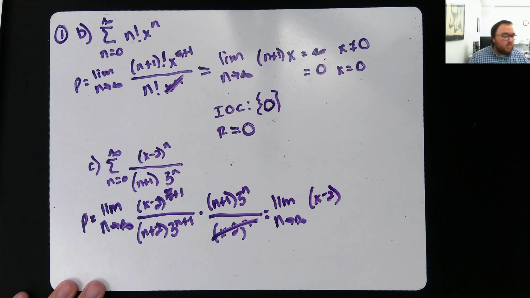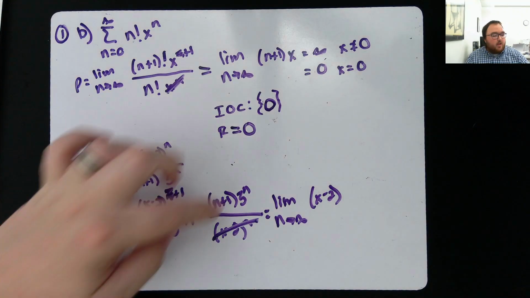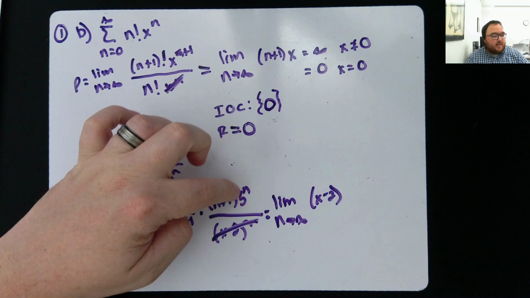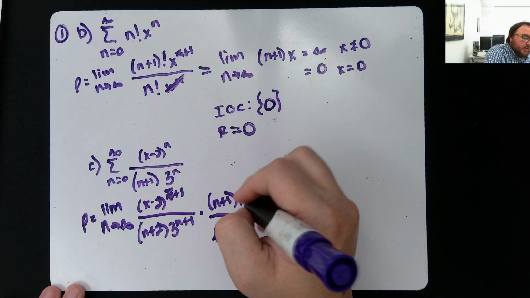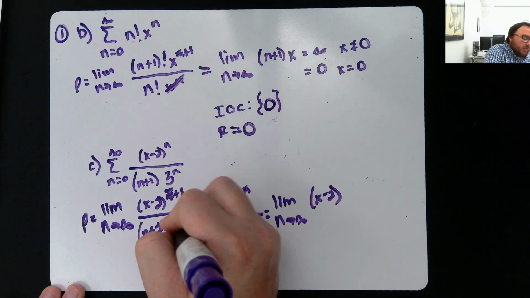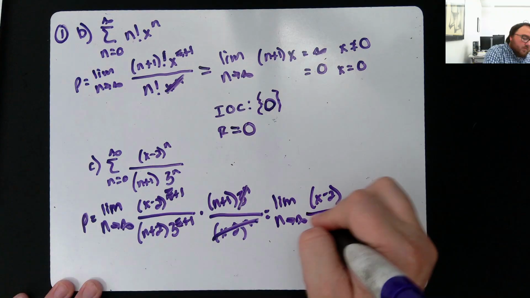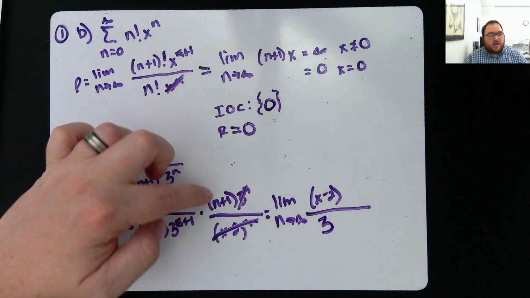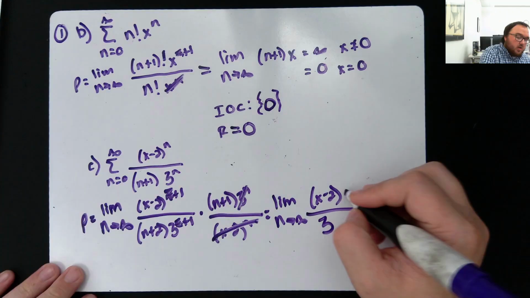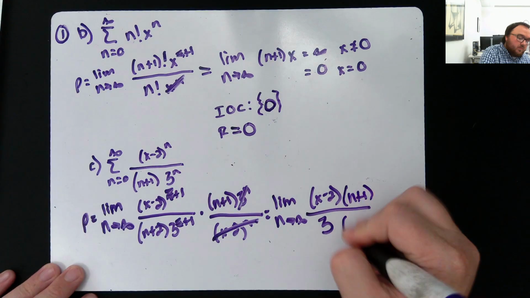Then n plus 1 over n plus 2, not really anything I can do there, so let's hold off on that. 3 to the n over 3 to the n plus 1. Both of them have 3 to the n, so cancel that out. On the bottom, I'm left with 3 to the first, which is just 3. And again, there's nothing I can do with n plus 1 over n plus 2, so just leave it there.